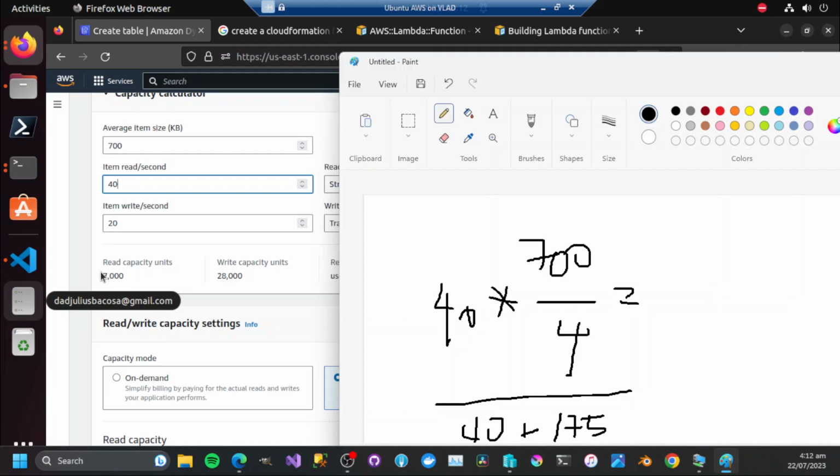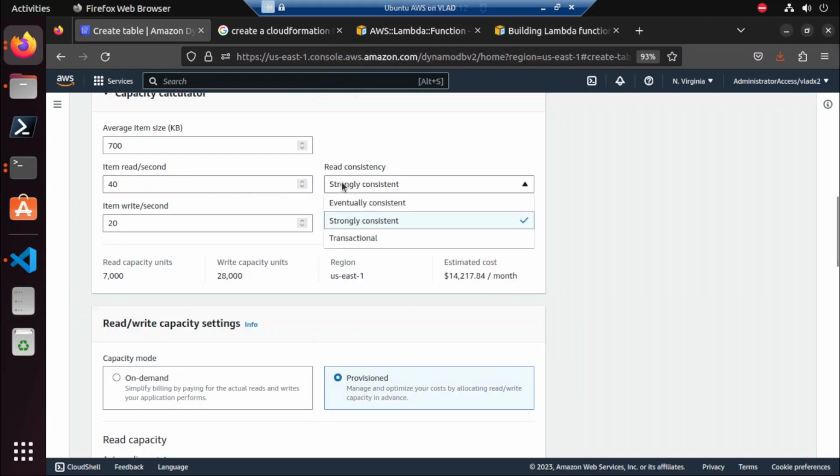That is for strongly consistent, and for eventually consistent it's going to be 3,500, right? And for transactional it's going to be 14,000, right?